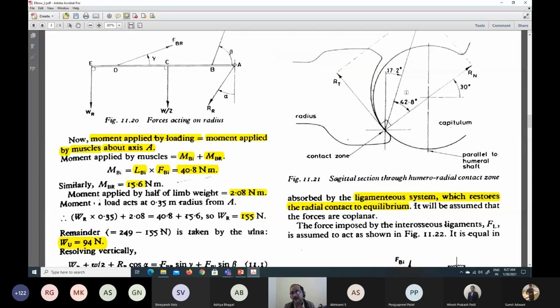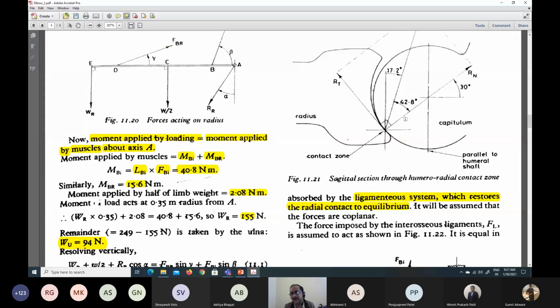If we look into figure 11.21 a little bit carefully, we can determine the different angles. So if this is 17.2, this is 42.8. Together it makes 60 degrees. And this is 30.